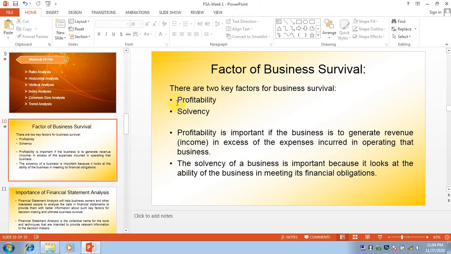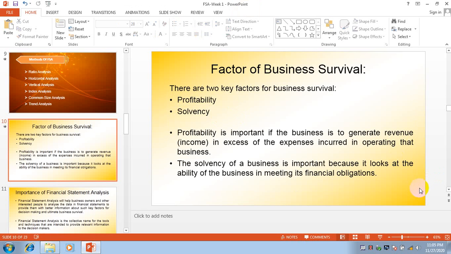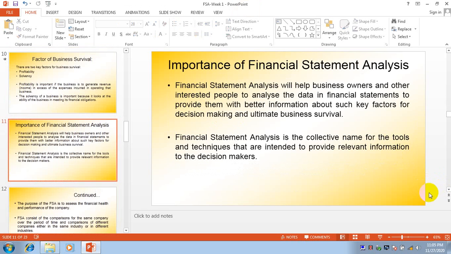So these are two important factors for survival of the business. Profitability is important and solvency is important. Solvency means that you can pay your liabilities, your debts, plus any interest on those debts on time. So that is the solvency.